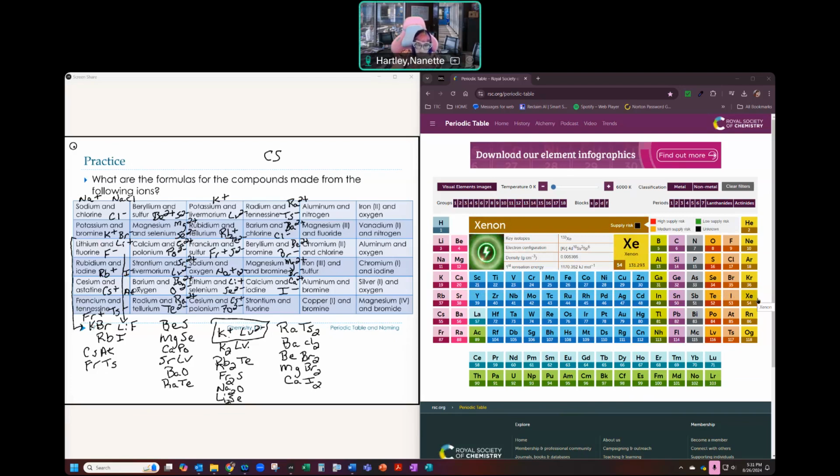Strontium, again. Strontium is here. He's a 2+ because of his place in the table. And then we want to put that with fluorine. Fluorine is here in the periodic table. So he picks up 1 electron. He becomes an F-. And so it's an SrF2. Okay.